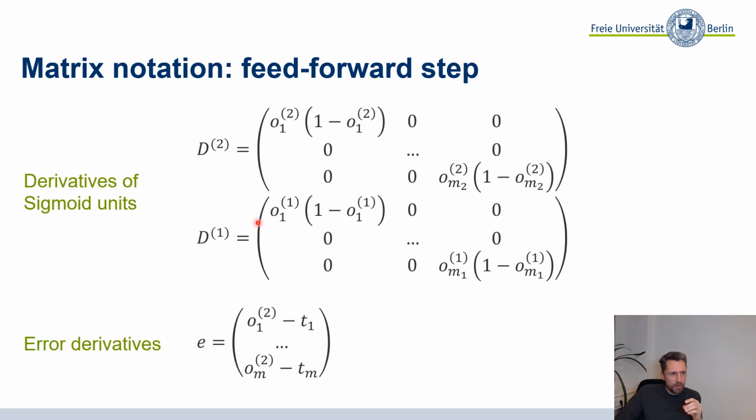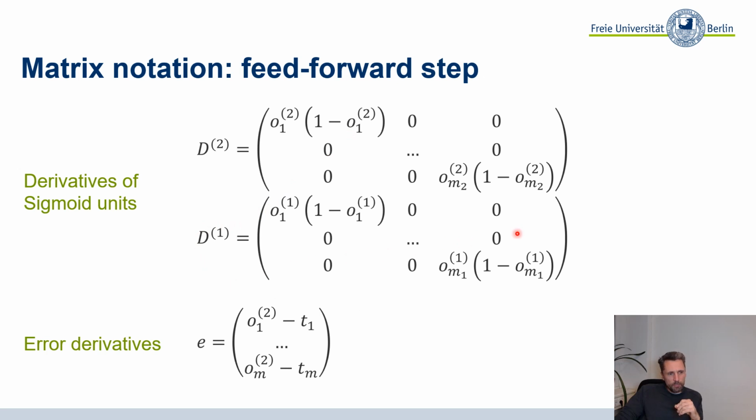So in matrix notation, we build up matrices D superscript 2 and D superscript 1, and they are only diagonal matrices with these sigmoid derivatives for each individual output. So for example, for the first output neuron, we store O1 superscript 2 times 1 minus that value.